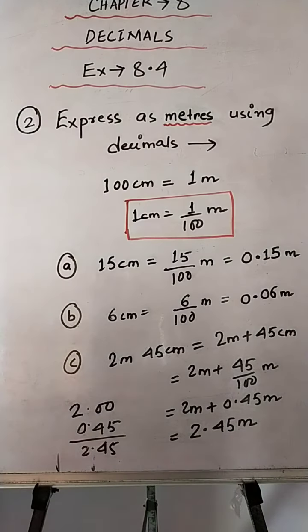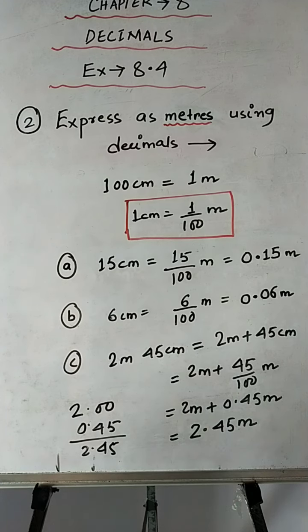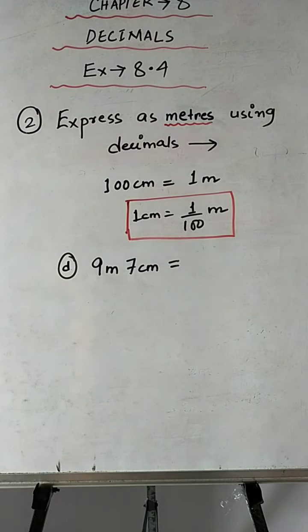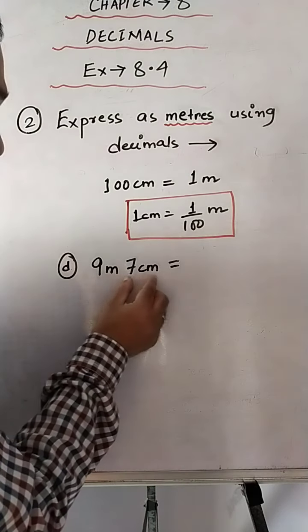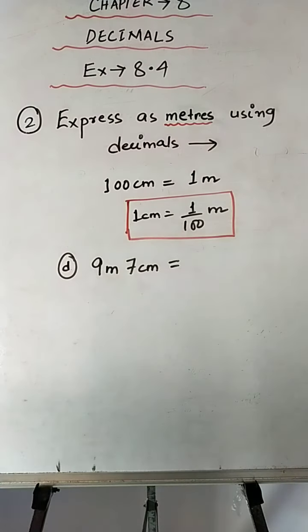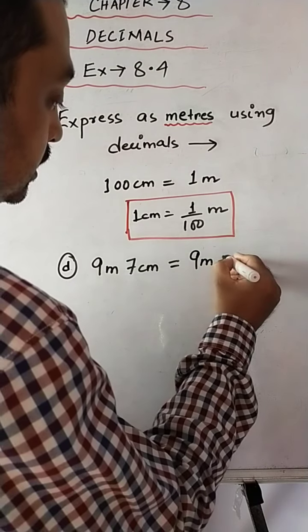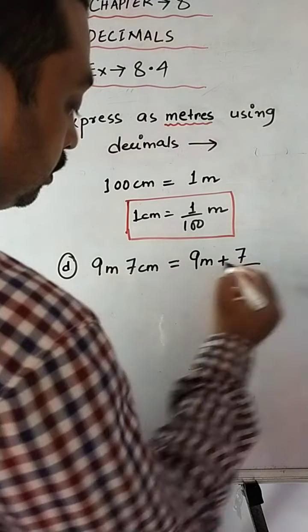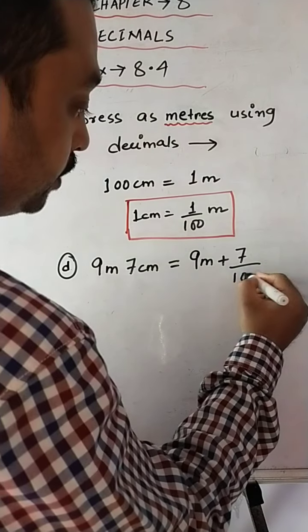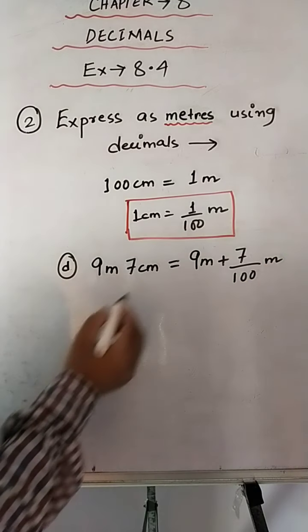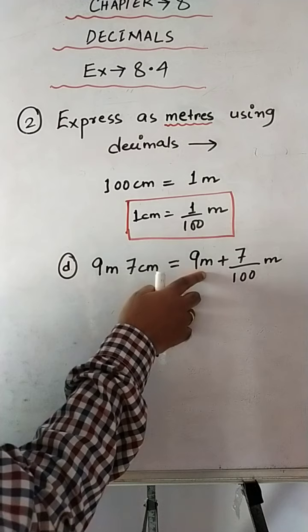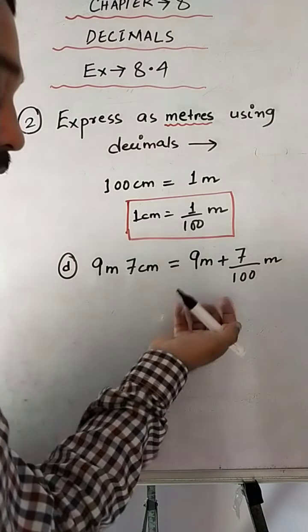Okay, students, now let's move on to sum number D. In sum number D we have 9 meter 7 centimeter. Very similar to sum number C only. So the first thing we'll do, we'll expand this. Now 7 centimeter can be written as 7 by 100 meter, isn't it? And 9 meter will remain intact because it is already in meter form.